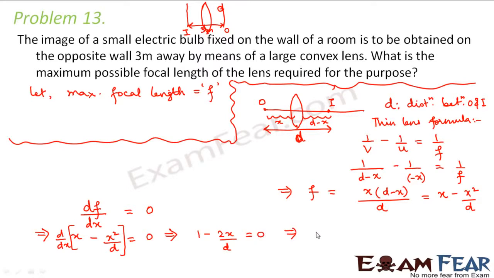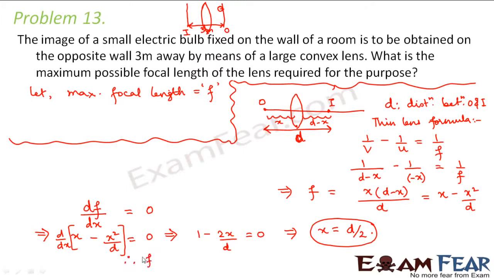Therefore, we find that x is equal to D by 2. That means when the value of x is equal to D by 2, at that time this focal length f is maximum. So f will be maximum when x is equal to D by 2.